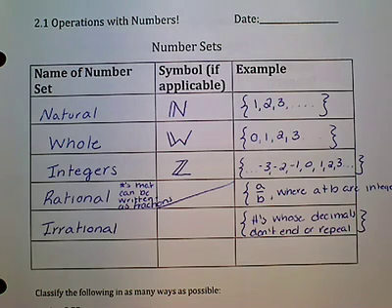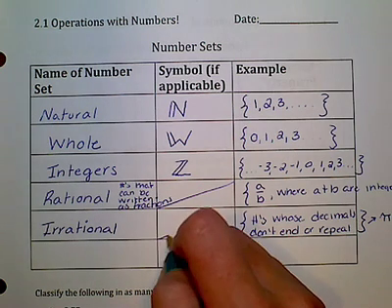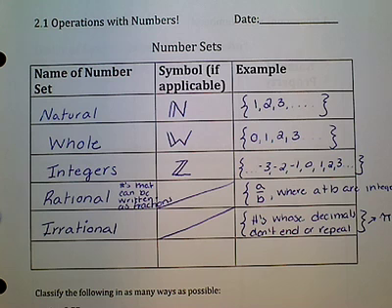Basically, if your decimals end or repeat, you're a rational number, but if your decimals don't end or don't repeat, you're irrational. That would be things like pi. That's usually what people are most familiar with. Pi is an irrational number. If you were to say a person behaved irrationally, their behavior wouldn't make sense. So if a number is behaving irrationally, its behavior doesn't make sense. Its decimals are all over the place. And that also doesn't have a symbol associated with it.